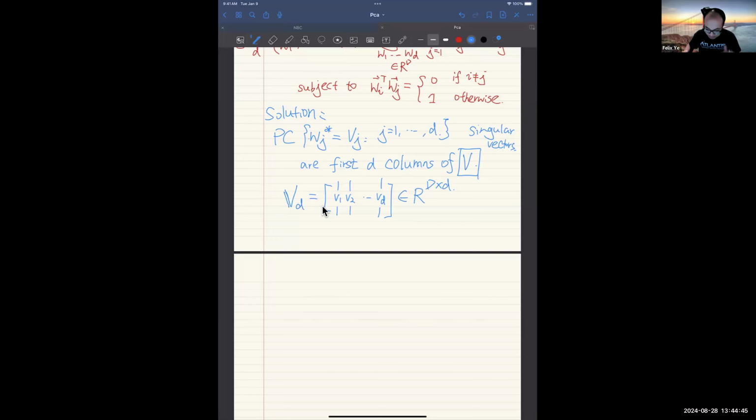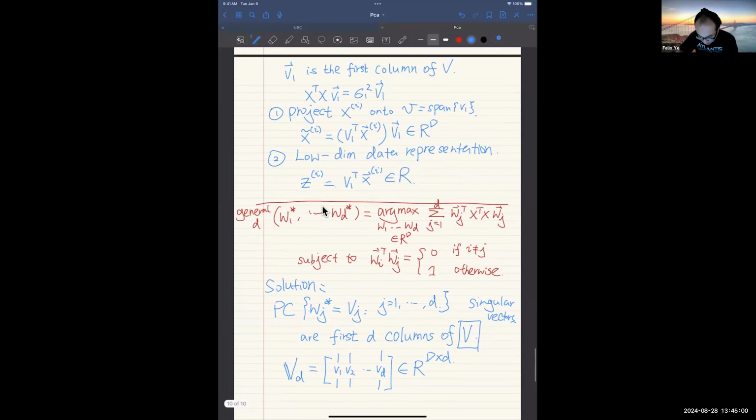If we take the first d columns and stack them together, it becomes a matrix. So we can solve for the data projections.